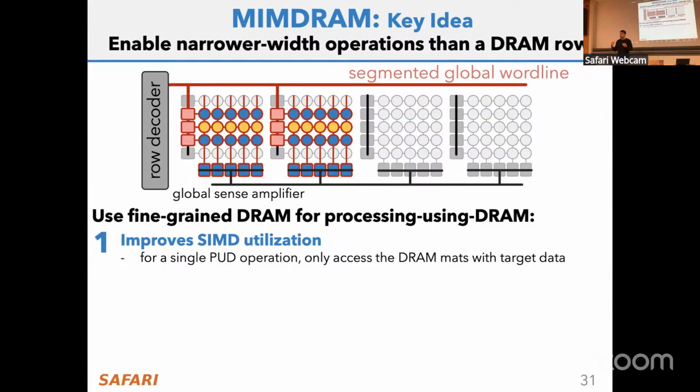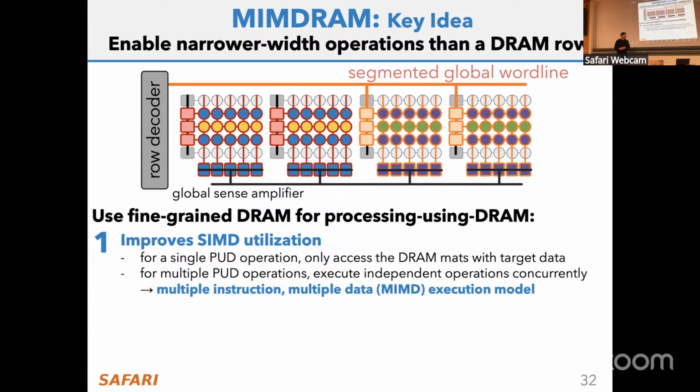This allows you to better map applications to the substrate and improve SIMD utilization for a single application. And if you have two operations that are data independent from each other, you can execute those two operations at the same time in different groups of those 512 columns inside a single DRAM subarray, in what we call a multiple instruction, multiple data execution model.